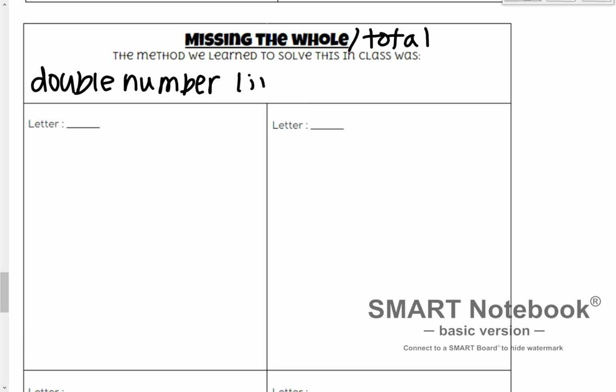You can choose which one you like better. You do not have to do one or the other. So it's not like you have to do all double number lines, all ratio tables. If for one problem you want to use a double number line and one problem you want to use a ratio table, that's fine. But we need to use one of those two methods for every question. Okay, it just doesn't matter which one you choose. So that's up to you.